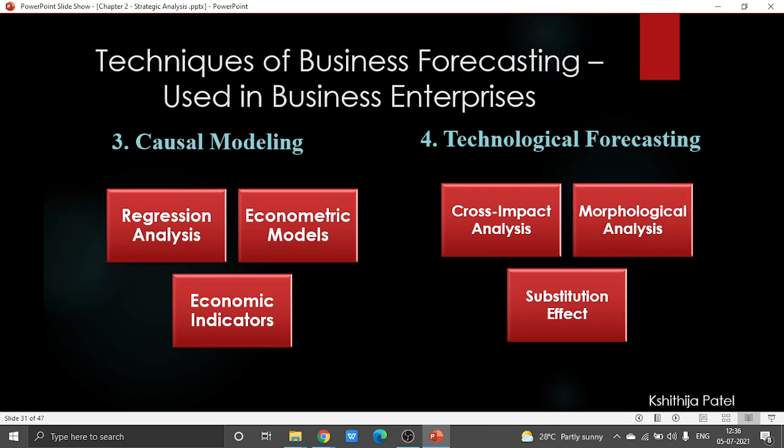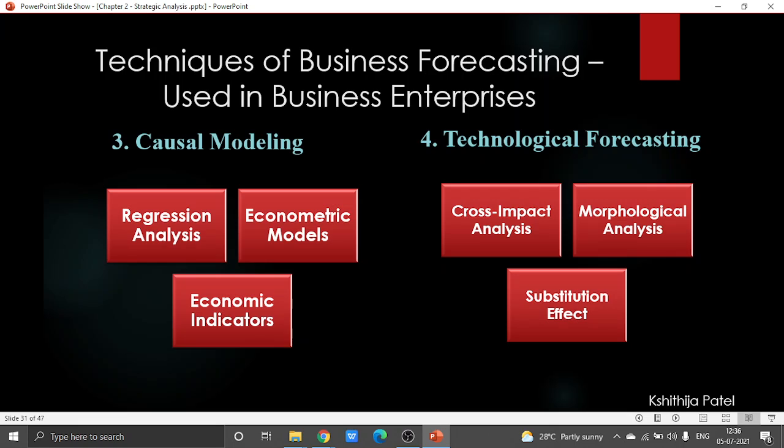Now econometric models we also discussed. Other than what we discussed, what I can tell here is that it normally uses several multiple regression equations so that it is able to predict major economic shifts and the potential impact of such shifts on the organization.